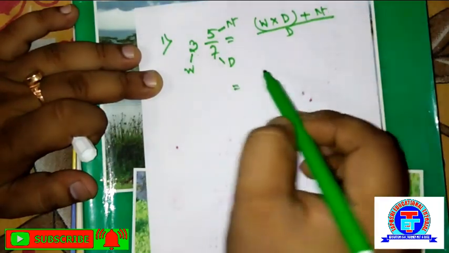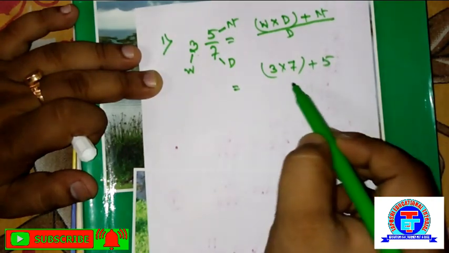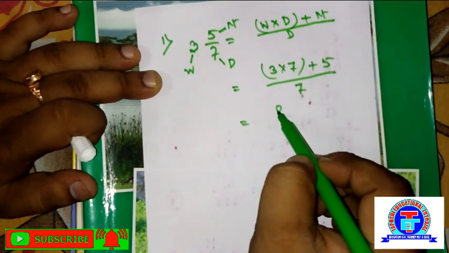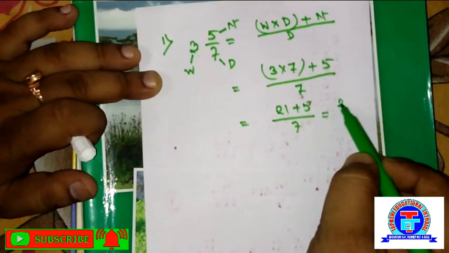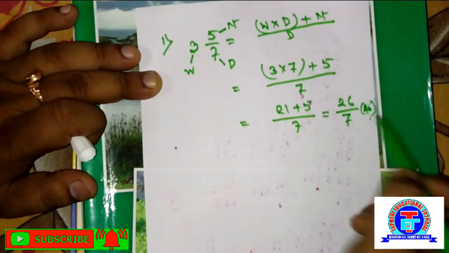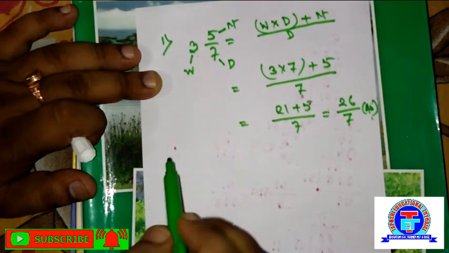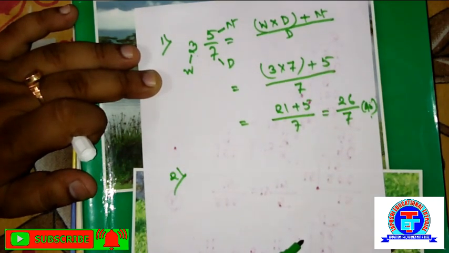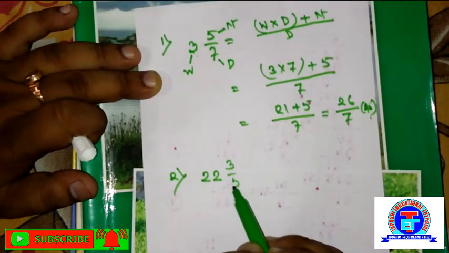So here we write 3 into 7 plus 5 divided by 7. It will become 21 plus 5 by 7, which is equal to 26 by 7. This is the answer, right student? Now another problem we solve regarding this method, number 2. Here given 22 whole 3 by 5.